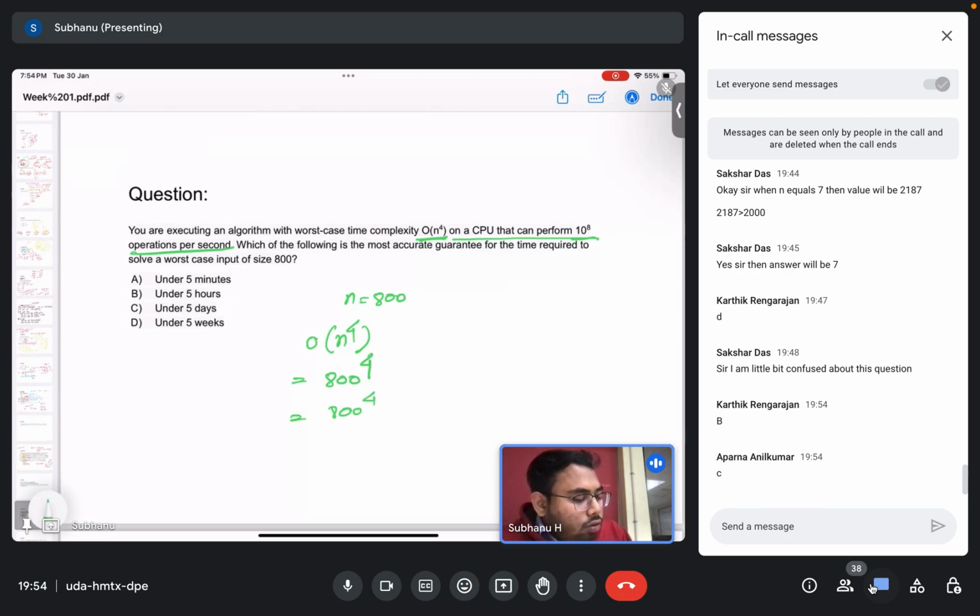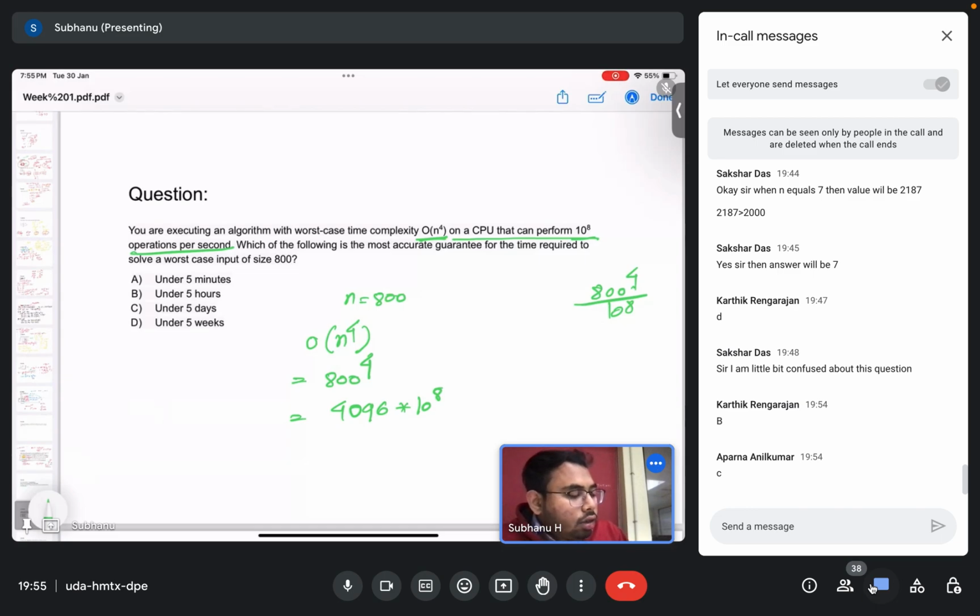Okay, so you can factorize this one. Basically, you can do 800 to the power 4 divided by 10 to the power 8. If you do this, you get 4096 into 10 to the power 8.